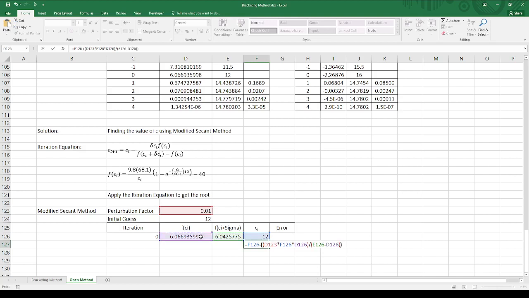I think we already said this equation, no? This should be times of the c sub I. Yeah.